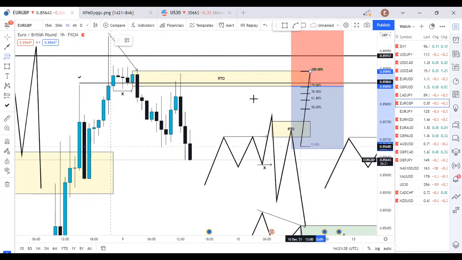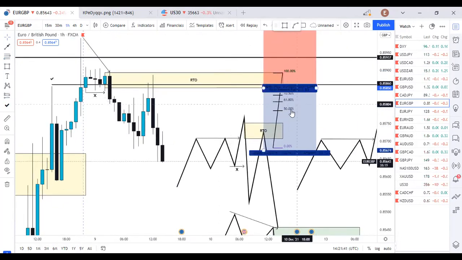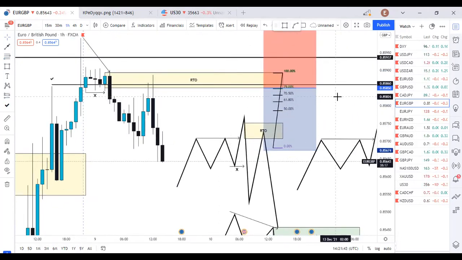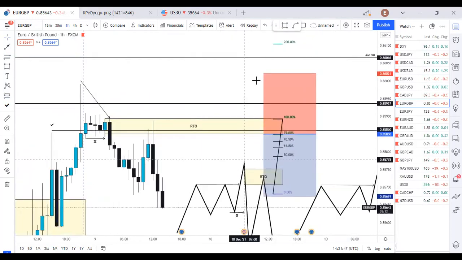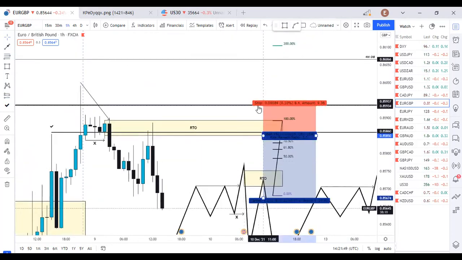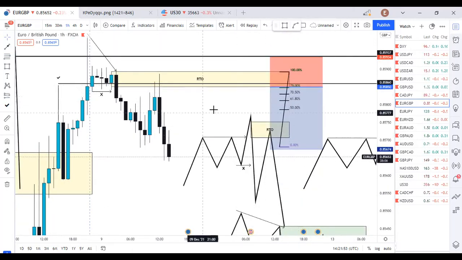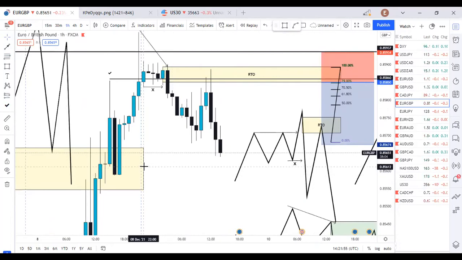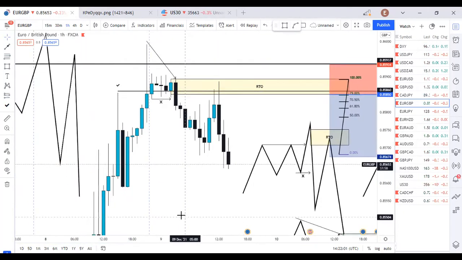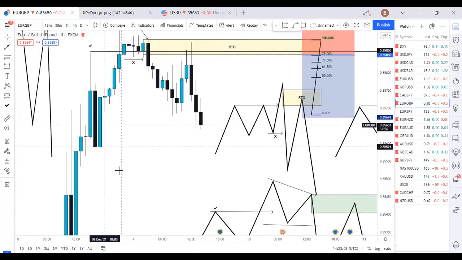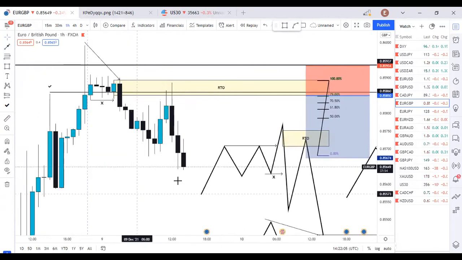Remember what I told you, I don't take trades unless the conditions are met. First of all, which pattern has formed here that has given us a reason for entry? The one with SMS, isn't it?